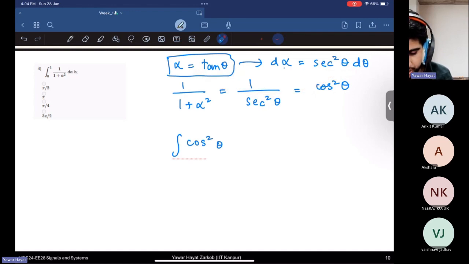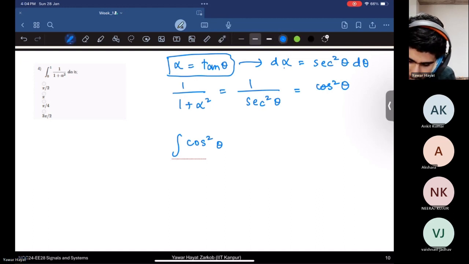I used differential on both sides. If alpha is tan theta, then differential of alpha is sec square theta, differential of theta. So that is sec square theta d theta.